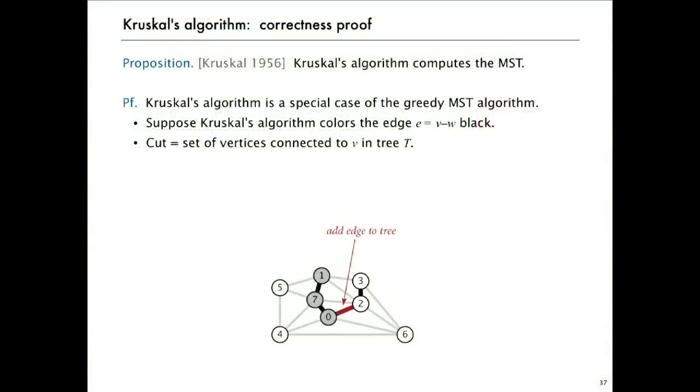So we'll define a cut that is the set of vertices that are connected to V. So it might be just V, but if there's any black edges connecting V to other vertices, we put all of those in the cut. So for that cut, there's no black crossing edge because it's a component.